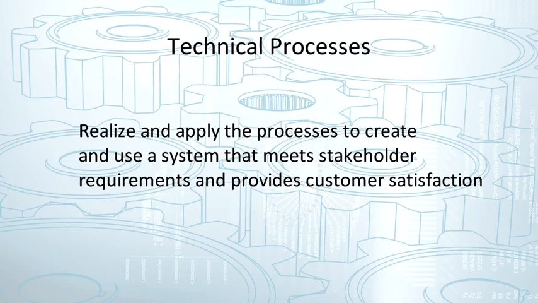This process group contains the following processes: business or mission analysis, integration, stakeholder needs and requirements definition, verification, system requirements definition, transition, architecture definition, validation, design definition, operation, system analysis, maintenance, implementation, and disposal.